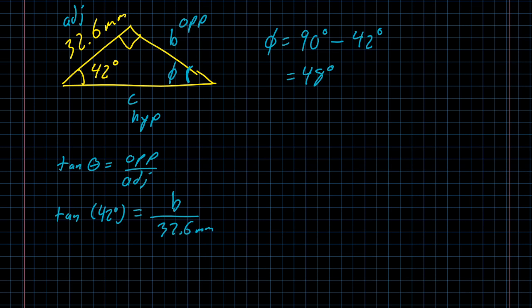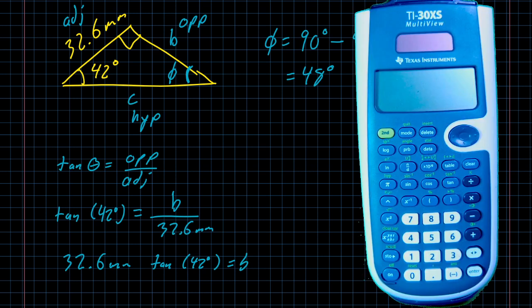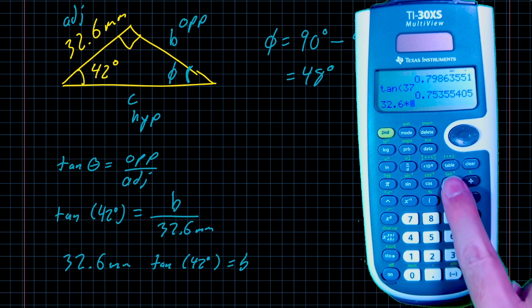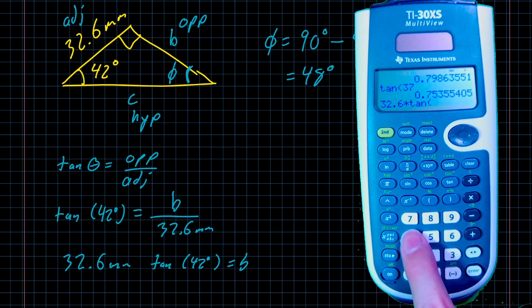Rearranging that equation means that 32.6 millimeters times the tangent of 42 degrees is equal to B. And my calculator is very happy to calculate 32.6 times tangent of 42.